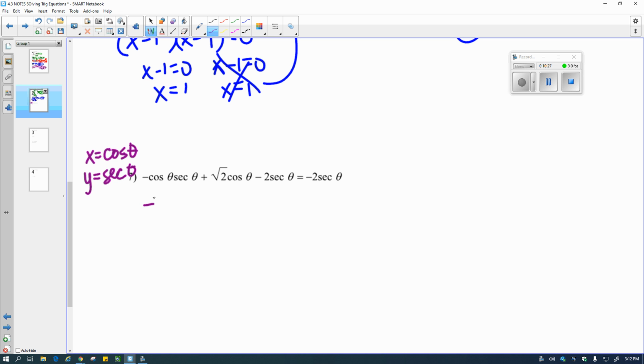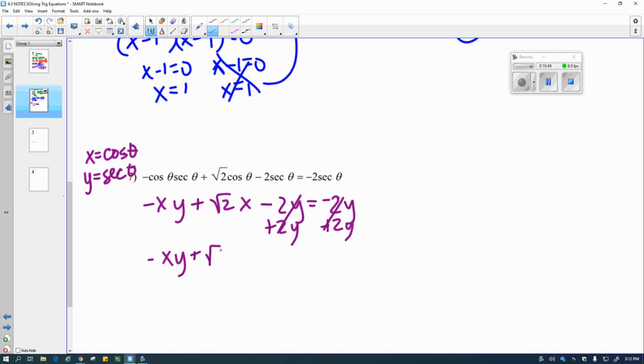So this is negative xy plus the square root of 2x minus 2y equals negative 2y. And I'm going to get everything on one side of the equation again, just like we did when we were factoring to solve. So I'll add the 2y to both sides, and you'll see that that cancels out. So I'm left with negative xy plus the square root of 2x equals 0.